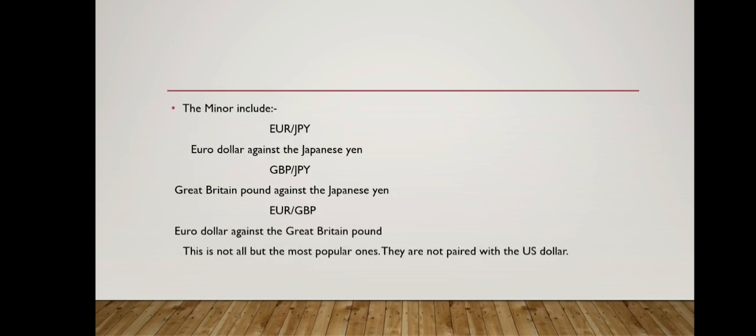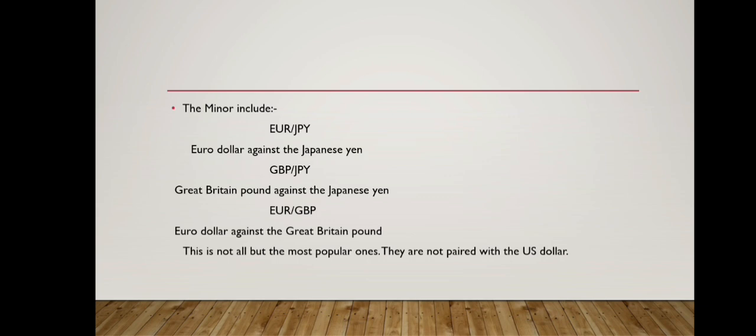Minor currency pairs. Like euro yen, you can see that euro is paired with yen, or yen is paired with euro. In this case, they are not paired with the USD, so that makes them a minor currency pair. The second one is pound yen. The pound is paired with the yen, or yen is paired with the pound. They are not paired with the USD, so this made them a minor currency pair.